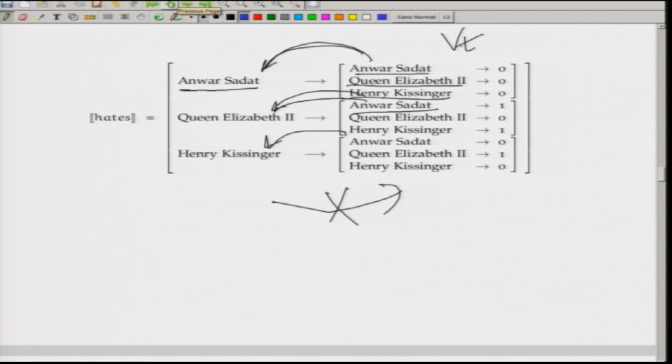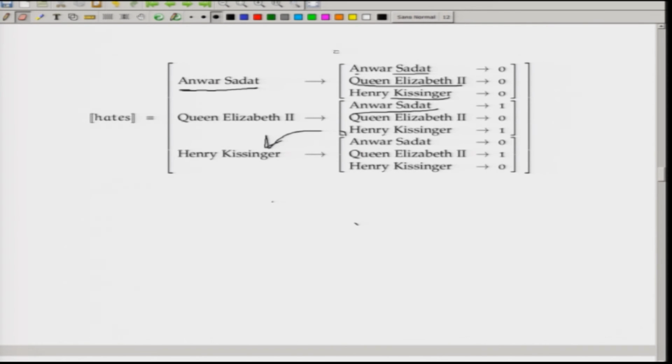So for example, here is our hate, and this function hates works as we said: this is the column of the people hated, and these are the haters, right? We know this.